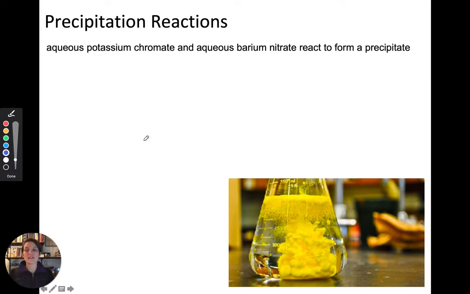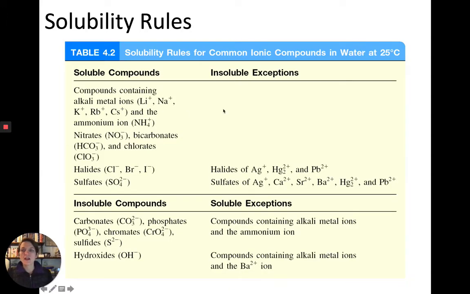And the way we're going to answer that question is with a nice table from your textbook. So this table is of solubility rules, and if you've spent some time looking at the back of your periodic table, it should look pretty familiar. It's the table that's right above your common polyatomic ions.